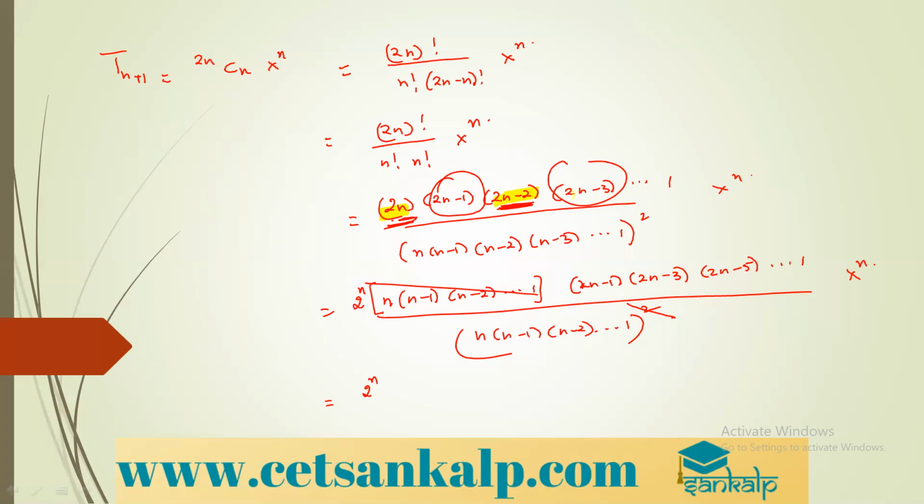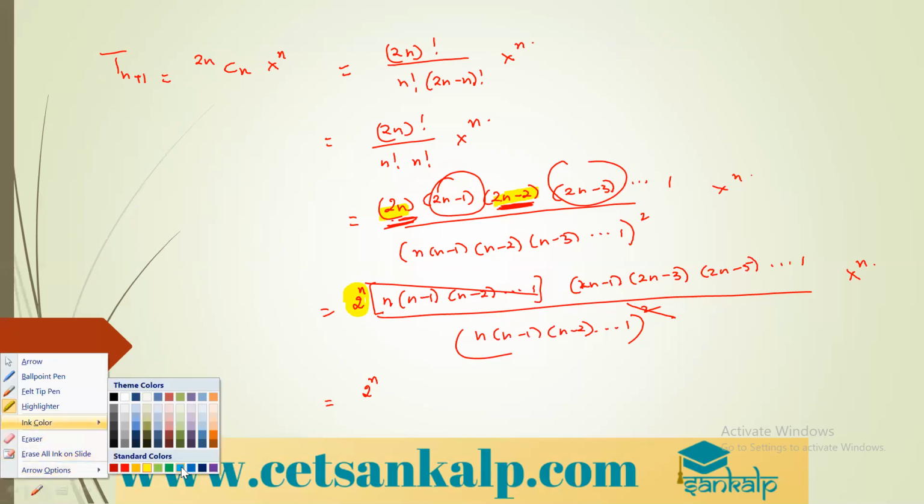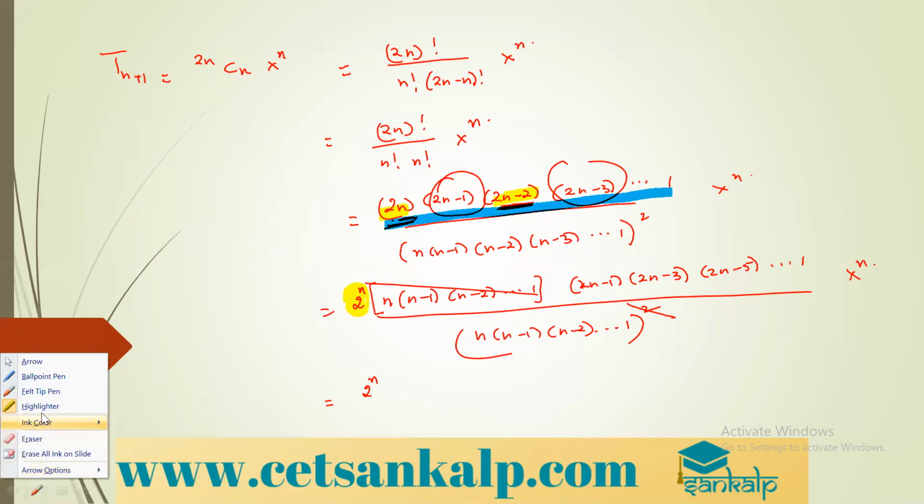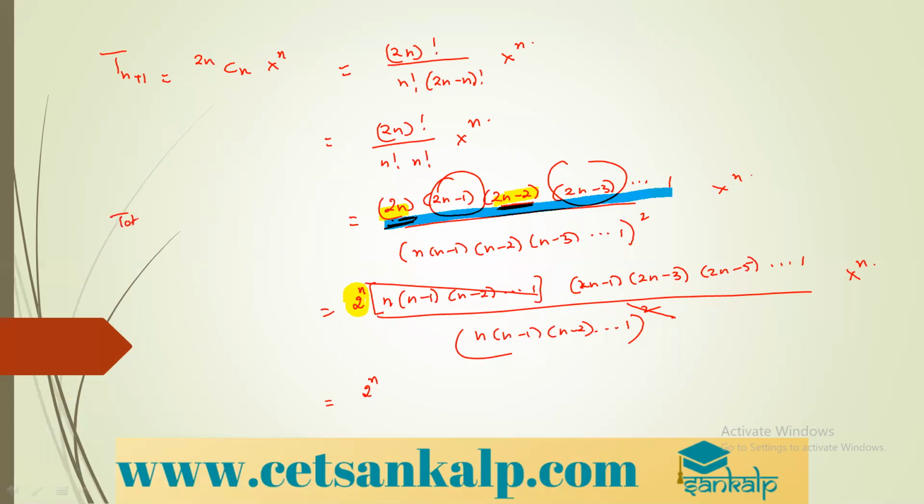So total I will have 2 power n, because the logic behind it is here total I have 2n terms. From half of them, half of 2n, that is from n terms, I am taking 2 common. That is why 2 power n.